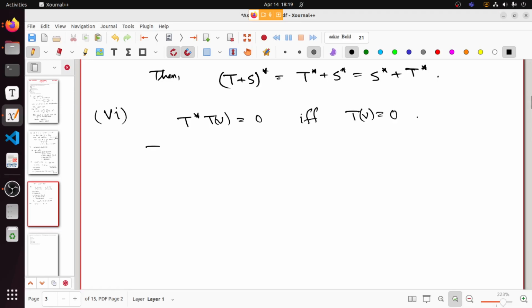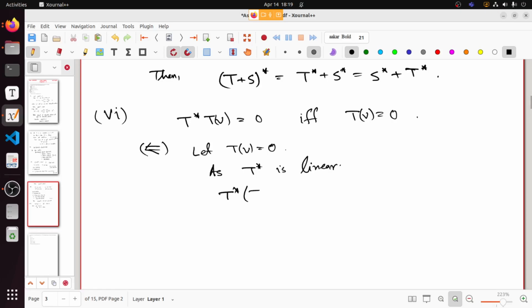So first prove the converse direction. Let T v equal 0. So we have to prove that T star T v is 0, and because T star is linear, right? Yes, T star is linear.